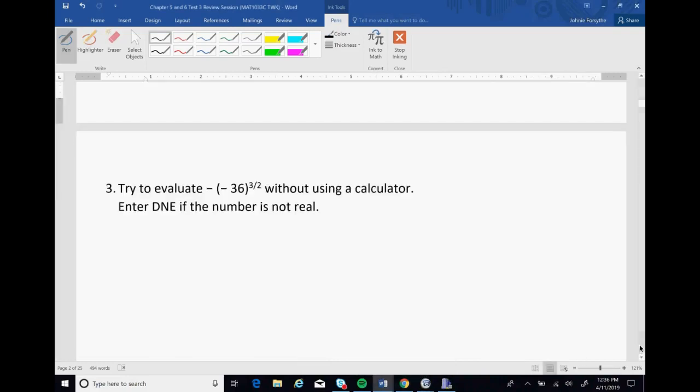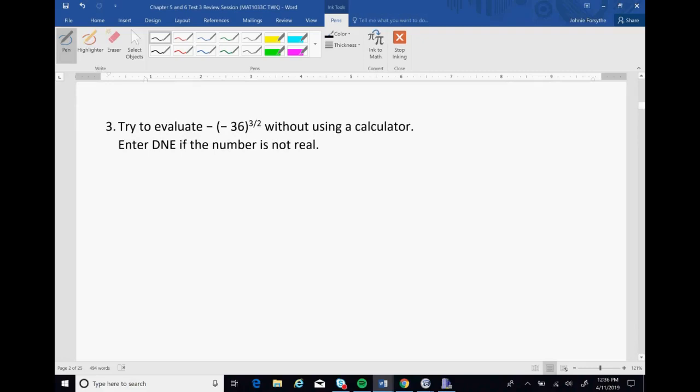Okay, number 3. Try to evaluate negative times negative 36 raised to the 3/2. Alright, so this exponent of 3/2, the base is parentheses negative 36. Okay? So that is the base.